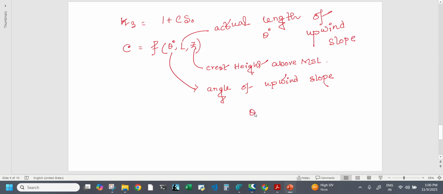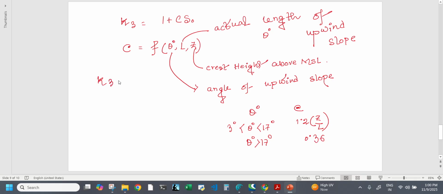So for theta degree greater than 3 degree and less than 17 degree, C we can take as Z by L. For theta degree greater than 17 degree, 0.36.